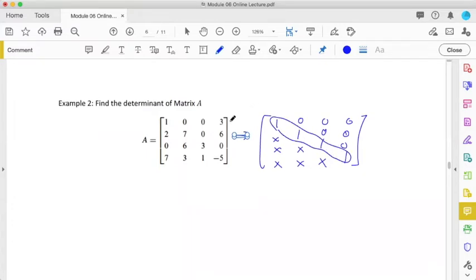Usually we perform the elimination method based on row, but you can also perform the elimination method based on column. We start with the first coefficient 1, so that is fine.